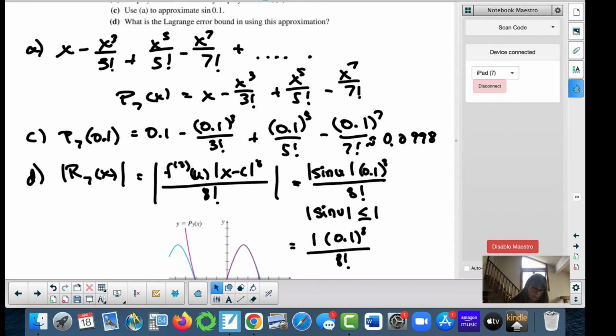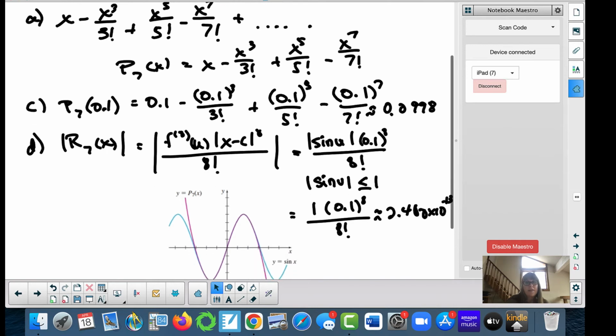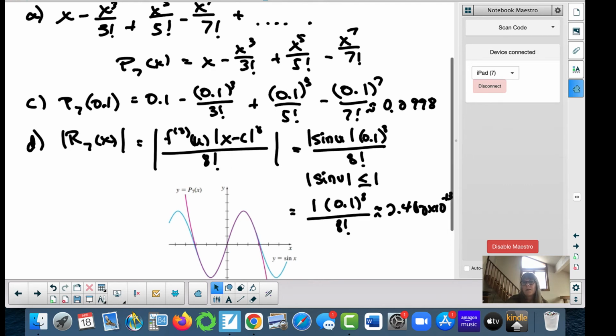And that is approximately 2.480 times 10 to the negative 13th. So that's the upper bound for our error. That's how far away from the actual value of sine 0.1 we are when we use this Taylor polynomial. So that's a very, very good approximation for sine of 0.1. In fact, if we're only rounding to that decimal place, then we haven't made any error at all.